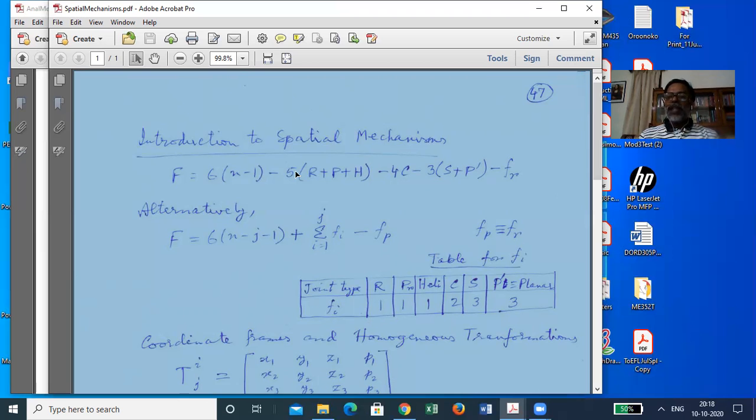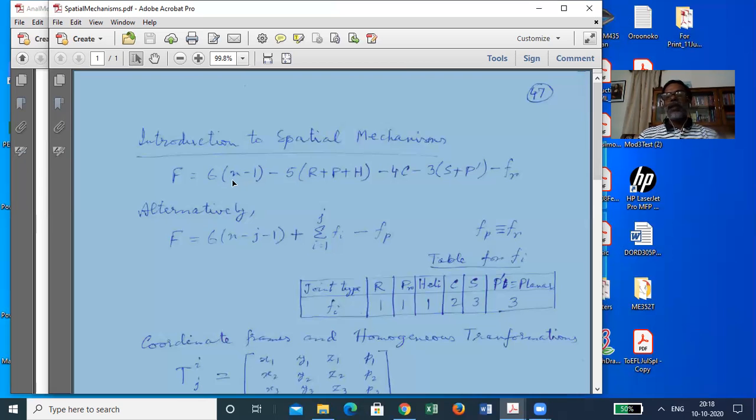The smallest closed chain mechanism with only revolute pairs that will have any freedom will be 7 links. Now put 7 links here. That means n minus 1 is 6.